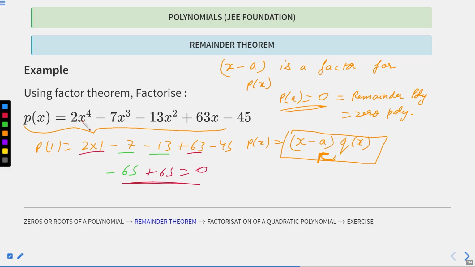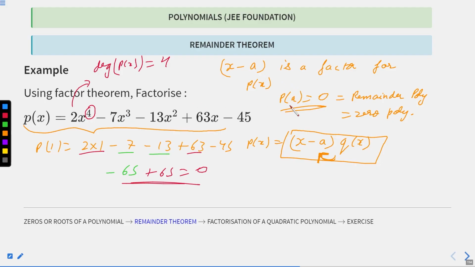If you see the degree of this polynomial, the degree of this polynomial p of x is equal to 4, because here the highest power of x is equal to 4. So what we use is the factor theorem.